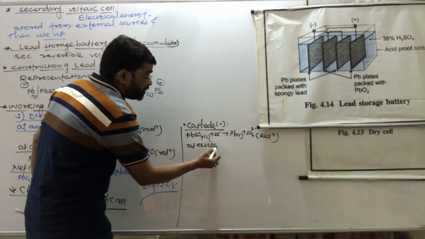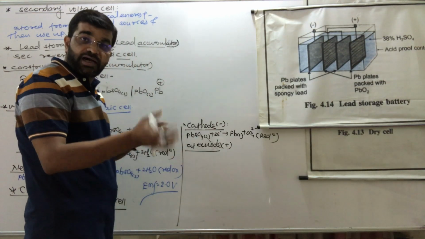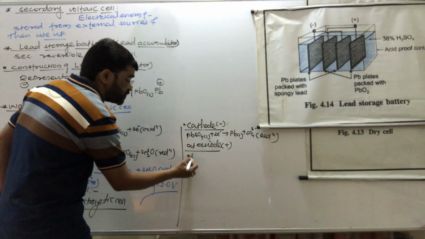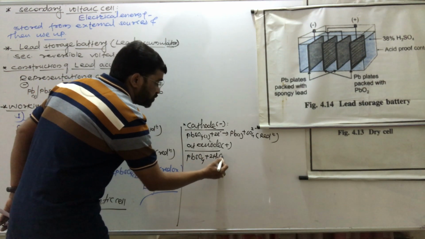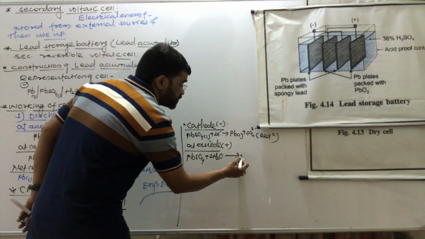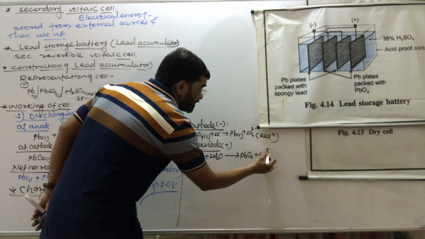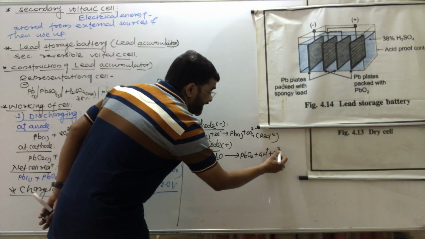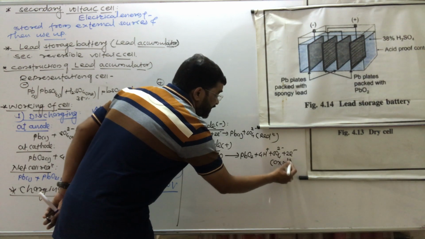anode, that is oxidation. Positively charged electrode वरची reaction opposite ल्यायची, that is PbSO4 plus twice of H2O gives PbO2 plus 4H plus ion plus sulfate ion with the loss of 2 electrons, oxidation.